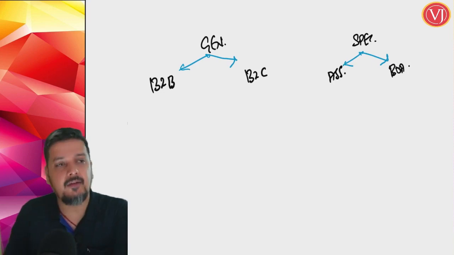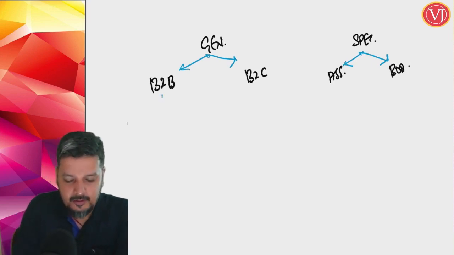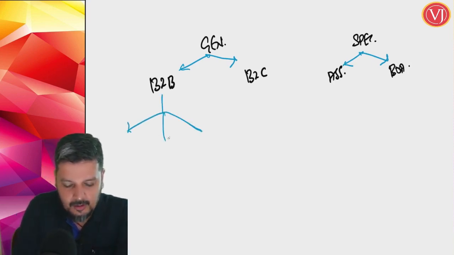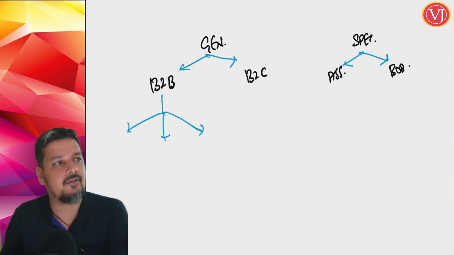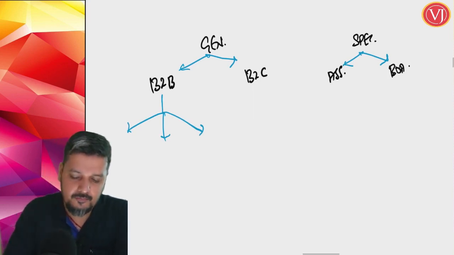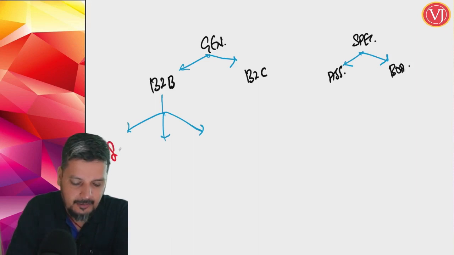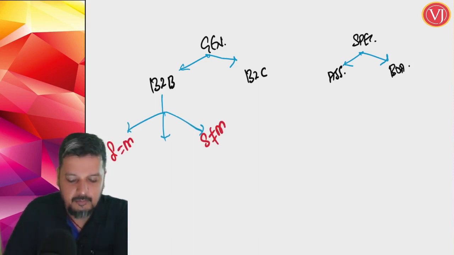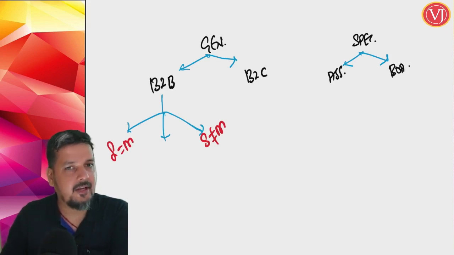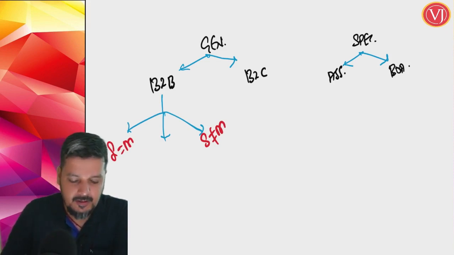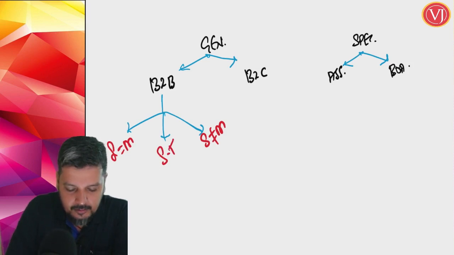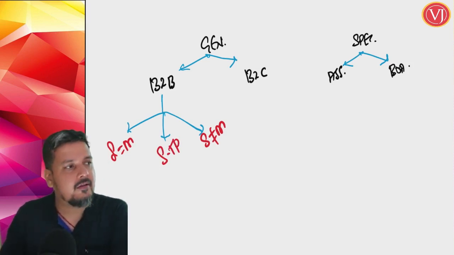In special, you have 2 categories. In general, in B2B, you have 3 situations: where there is supply and movement, where there is supply but no movement, and where supply is through a third person.